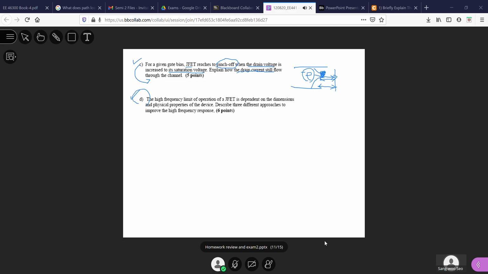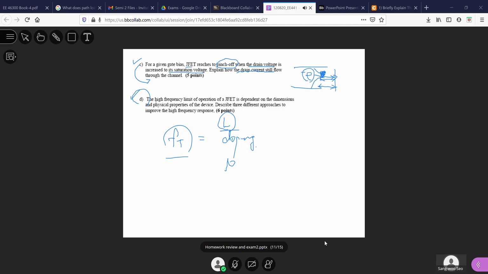Question D, this one is, when we discuss the JFET, we discuss the frequency response of the device. The frequency response of the device is related to the channel length, the doping, and also the mobility of the material in the channel.